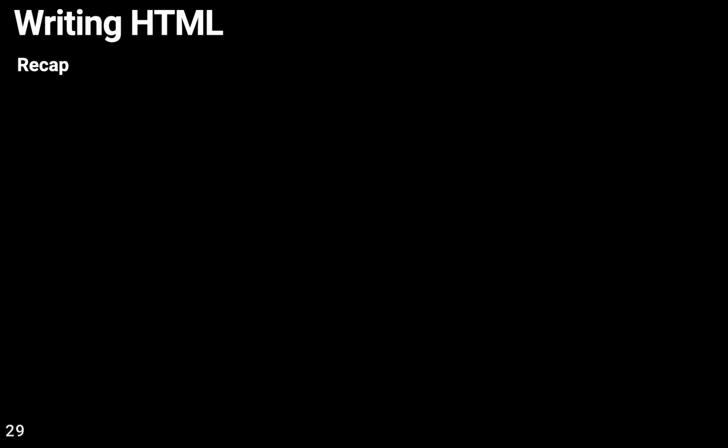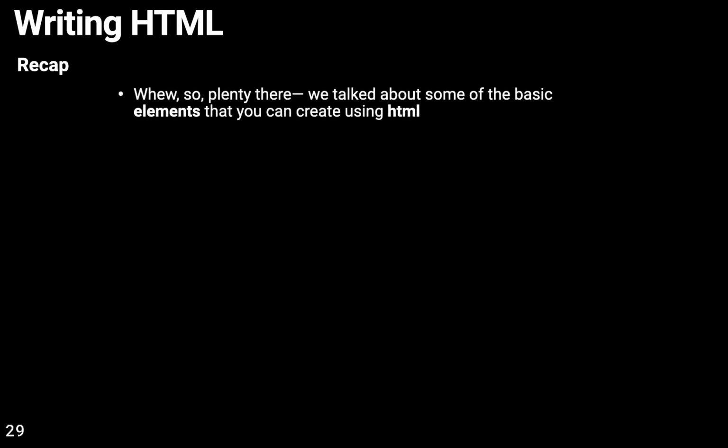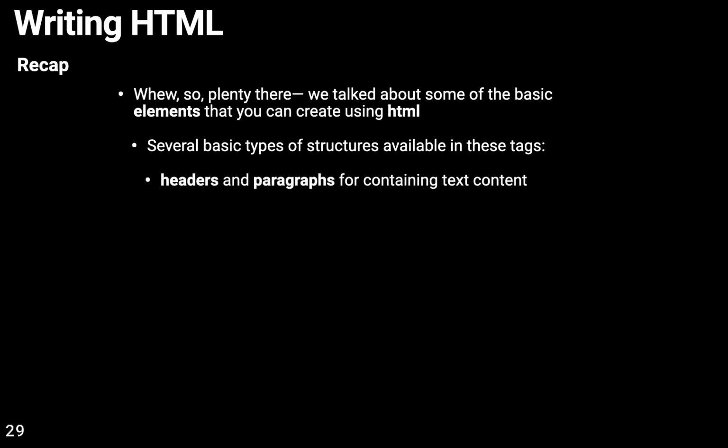Okay, so writing HTML. How do we do that? Here's the recap. So we've talked about plenty of stuff in this section. Really, we focused on a lot of the basic elements that you can use to create HTML objects, right? There's a few basic types of structure available in these tags. We have headers and paragraphs for text content.